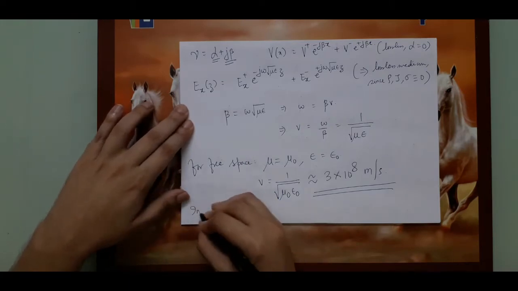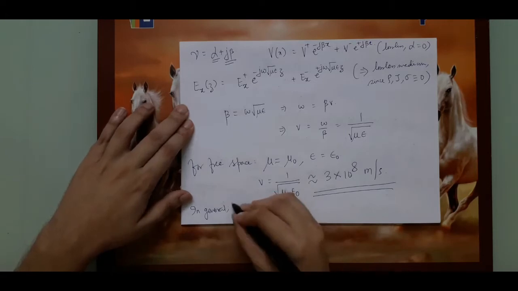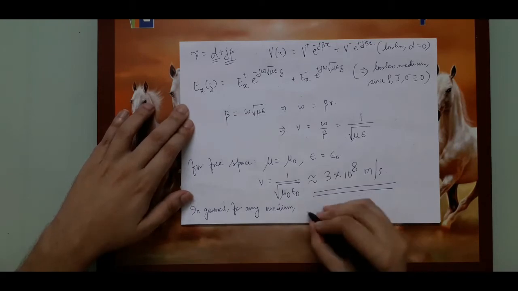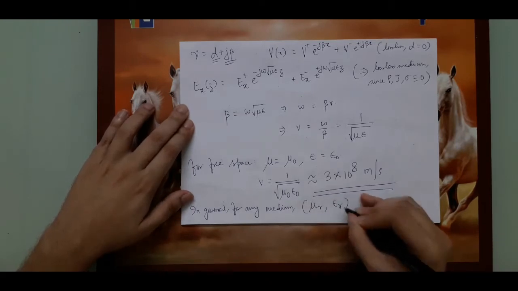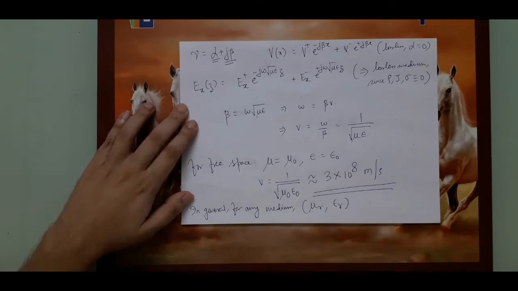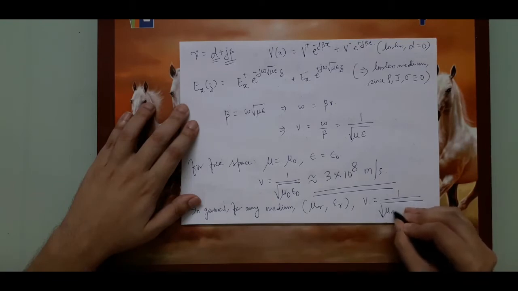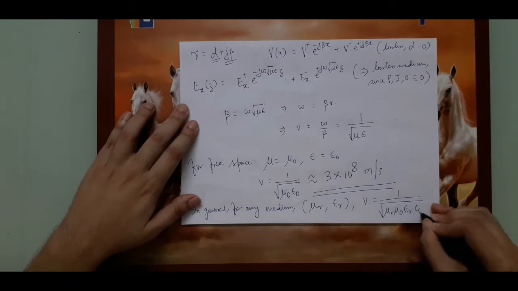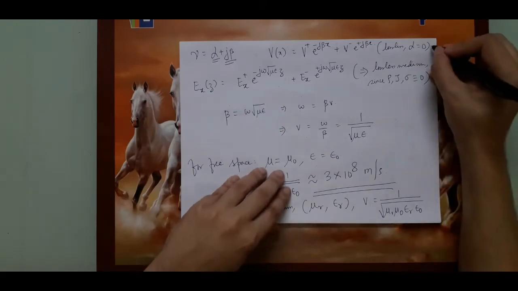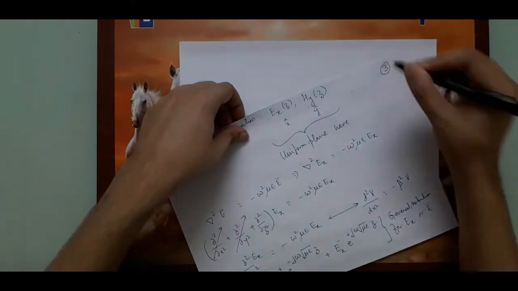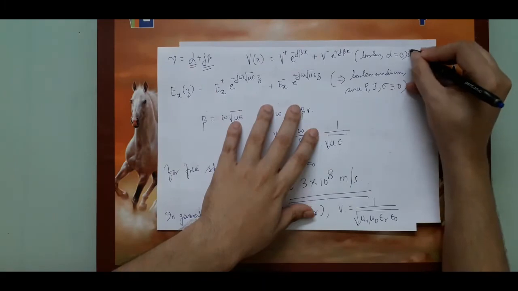Now in general, for any medium, which can have mu r and epsilon r, the relative permeability and permittivity, we can write the velocity as nothing but 1 by under root mu r mu 0 times epsilon r epsilon 0, which can now be written as this.